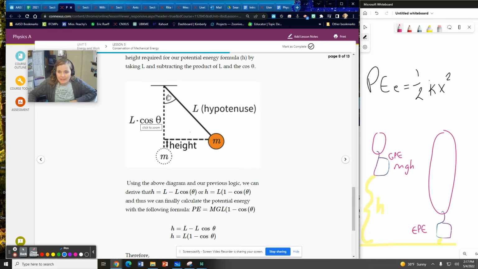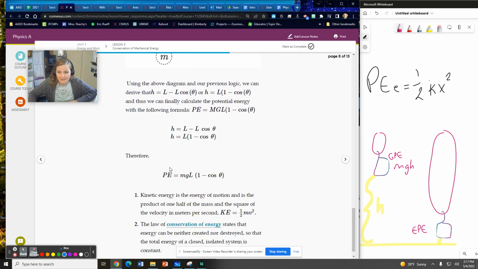So if we know this angle, and we're going to call it theta, this leg length is adjacent to the angle. Adjacent over hypotenuse is cosine. So that's how we determine that this is L cosine theta, because this angle is adjacent to this leg. So that's what it's doing.